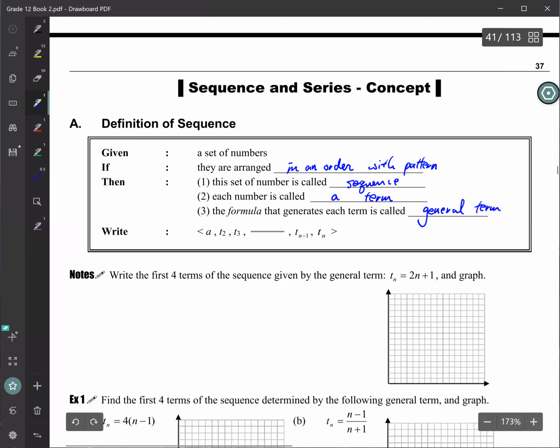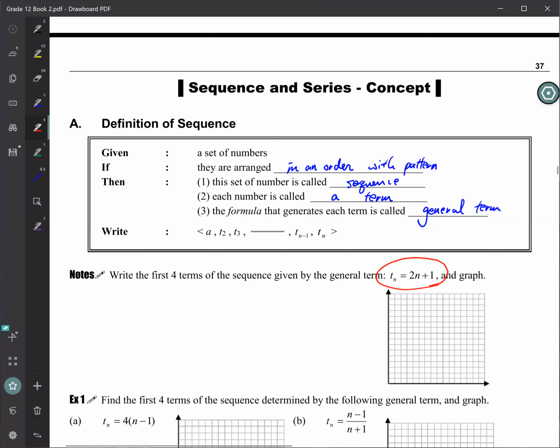So you will be able to find a formula and then use the formula to find any term in the sequence. Suppose you want to find the 70th term. You don't need to go from the first one, second one, until the 70th. You can just plug into the formula. An example of the general term is this one in the red circle.